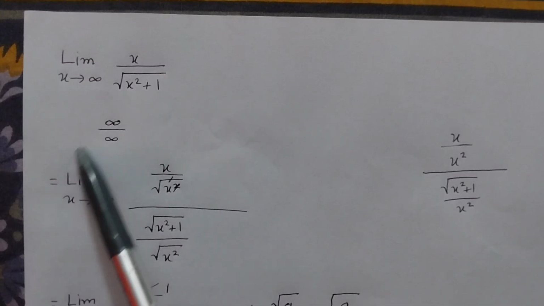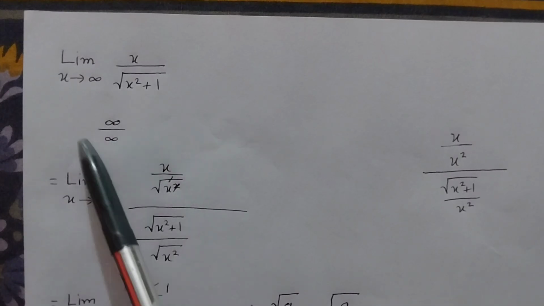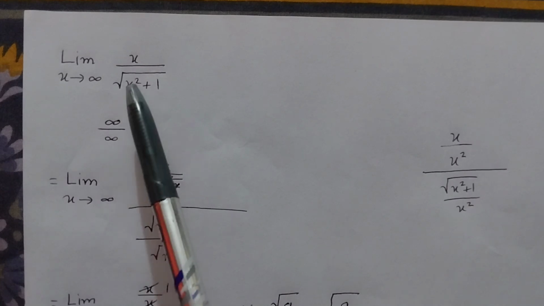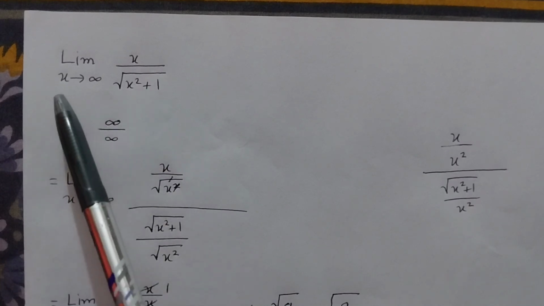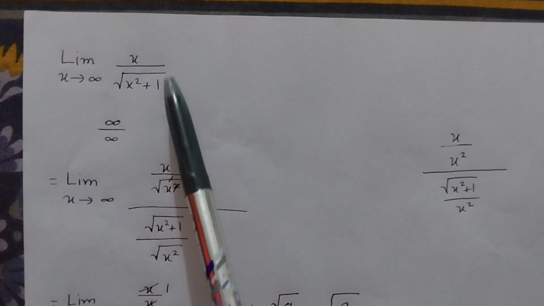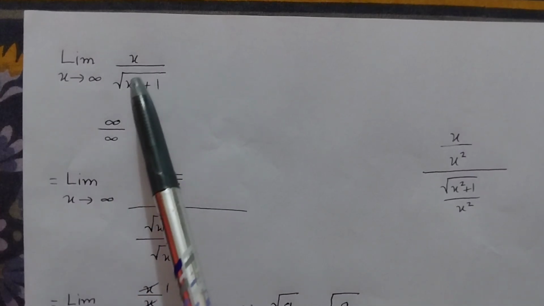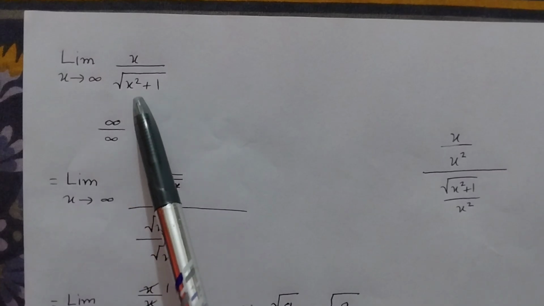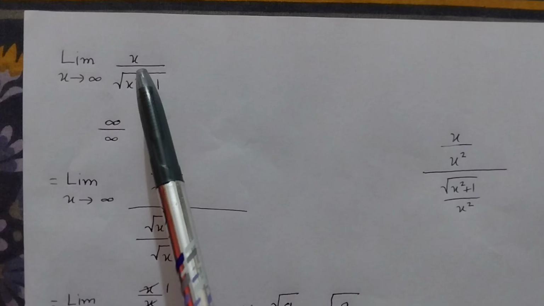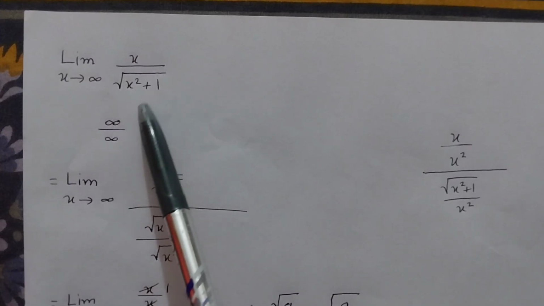This is not equal to any value. So we need to get rid of this indeterminate form to find this limit. And normally, when the variable is approaching infinity and we have to find the limit for a fraction which involves variables, what we do is divide the numerator and denominator by the highest power of the variable present in that expression.